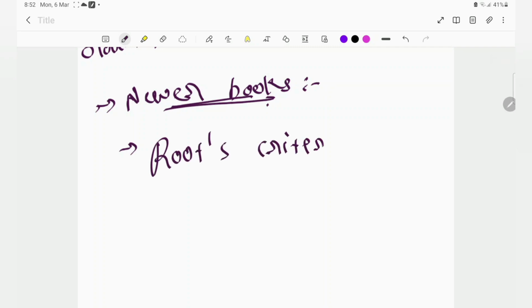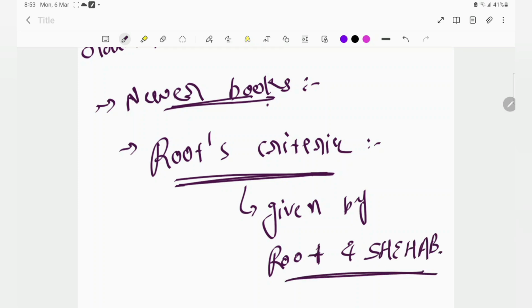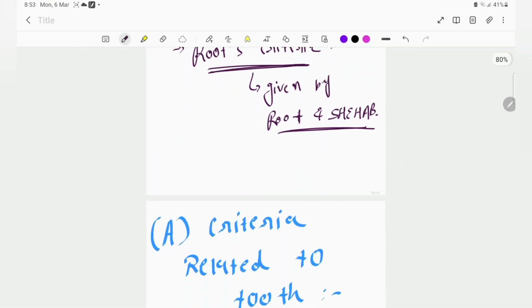This one is the recent literature. It is based on Rood's criteria, which is given by Rood and Shehab, right? Now we will move to this classification.